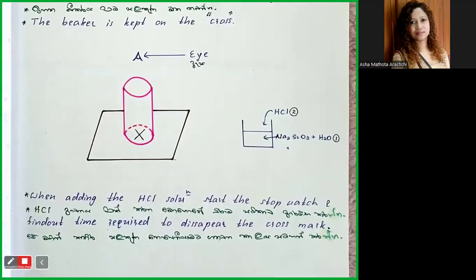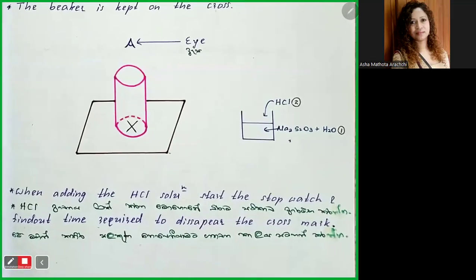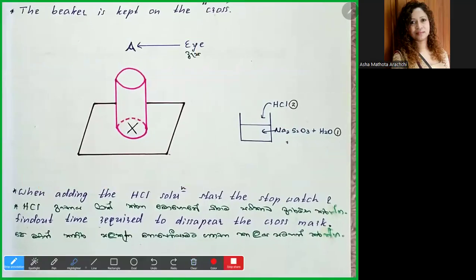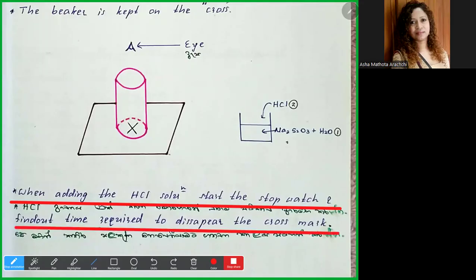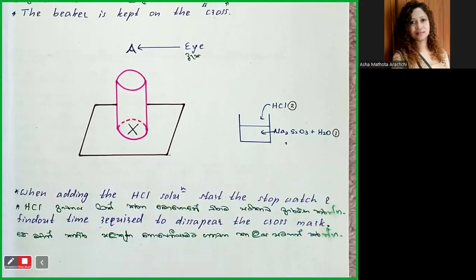Okay, points. When adding the HCl solution, start the stopwatch, and find out the time required to disappear the cross mark.